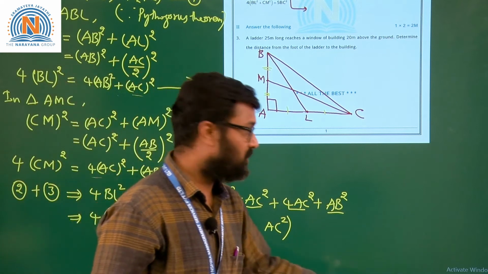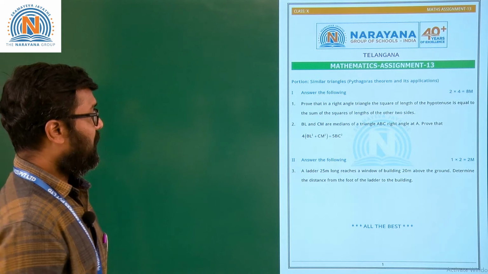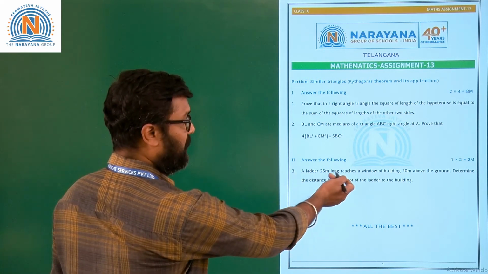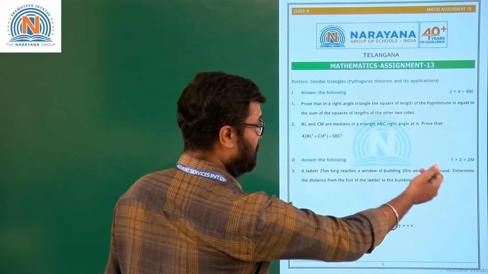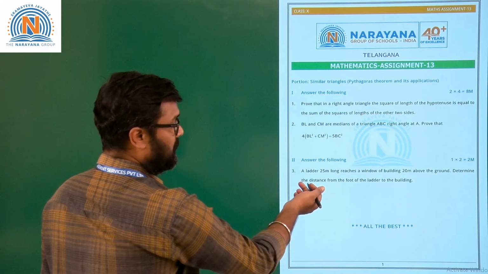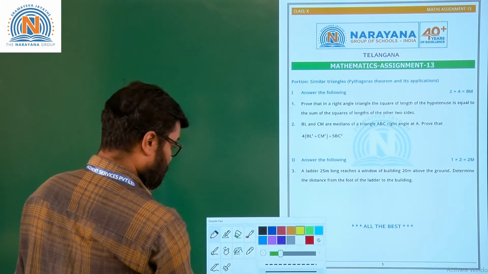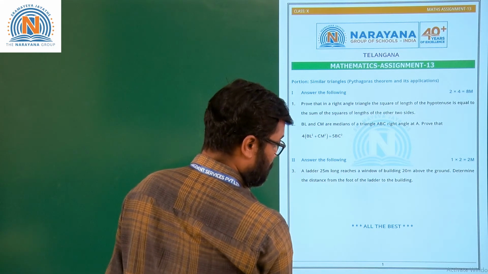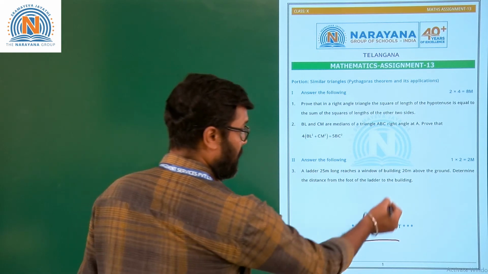So now let's discuss the third question, children. Here is the third question on the screen. A ladder 25 meters long reaches a window of a building 20 meters above the ground. Determine the distance from the foot of the ladder to the building. So now this is the ground, children, and this is the building.